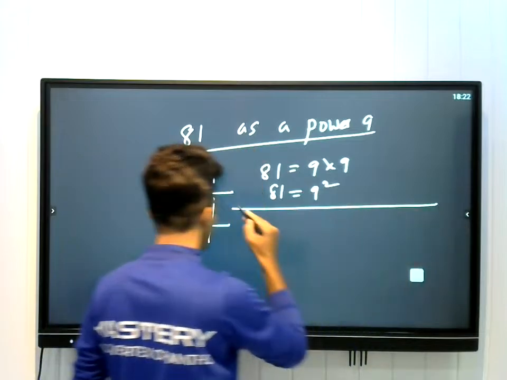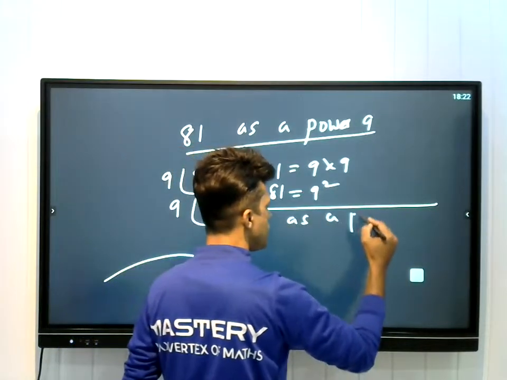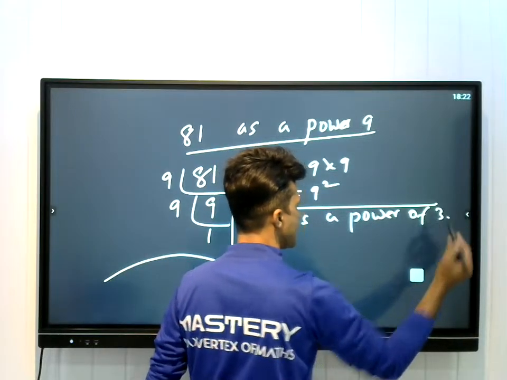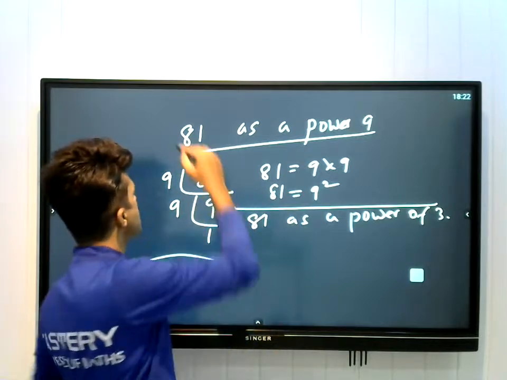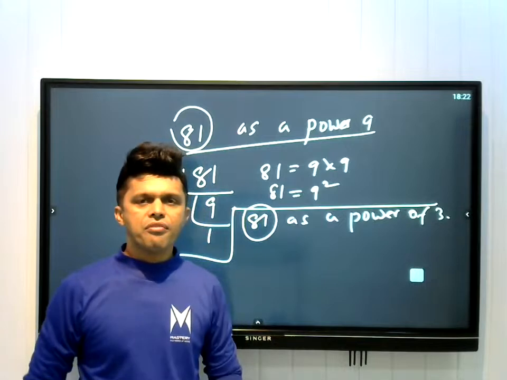Are we able to write 81 as a power of 3? Let's write 81 as a power of 3.